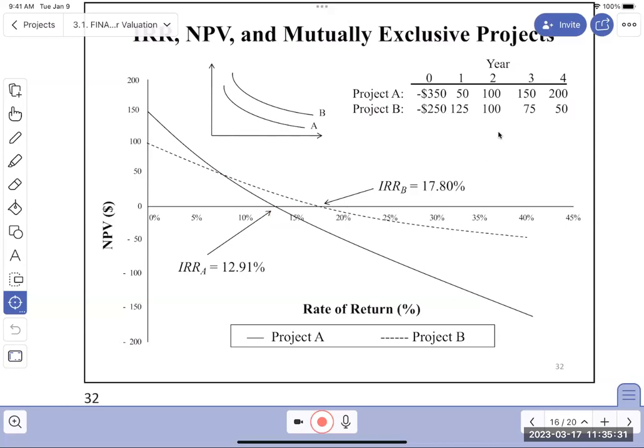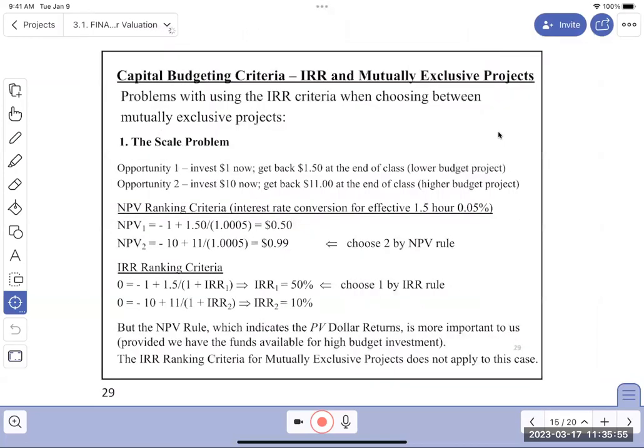And if you were just to pick the one with the highest return, interpreting it as the return on investment, it looks like you should pick B. But that's not true. You should only pick B if the discount rate is in this range here. So it's not clear.